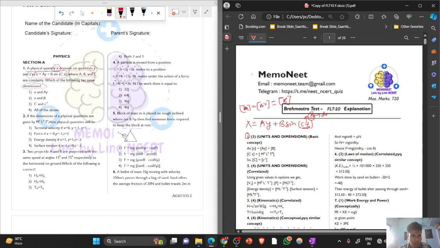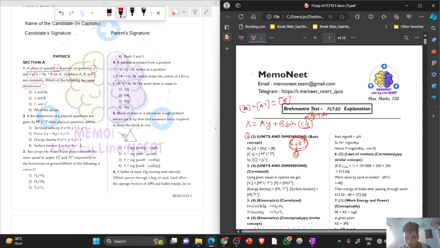So C and Z both have the same dimension, Z inverse you can say, because both belong to theta and theta should be dimensionless. So this must have the same dimension to cancel out and get a dimensionless quantity.